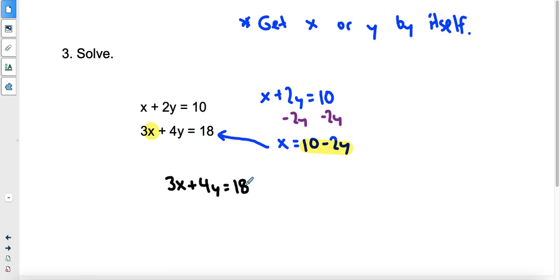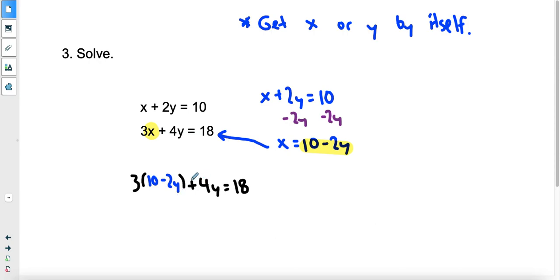In place of x here, I want to plug in 10 minus 2y. And then, just like before, I'm just going to solve this.